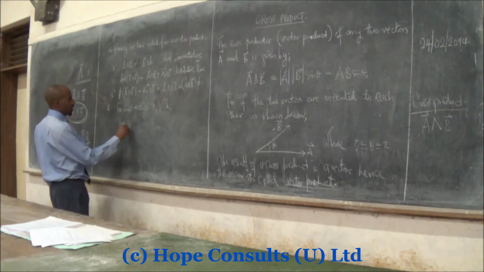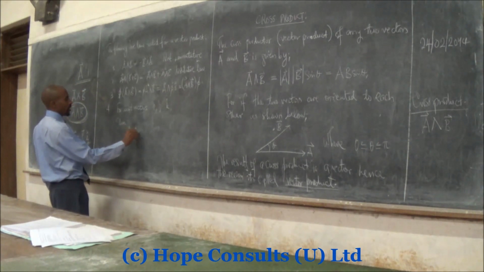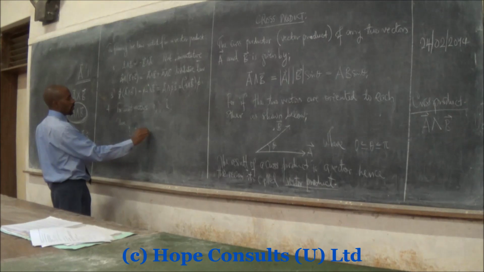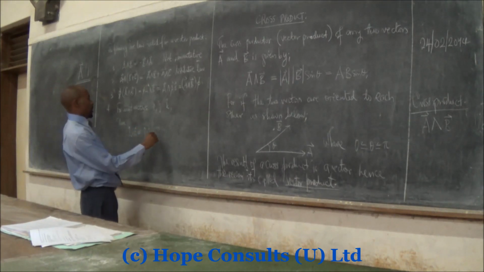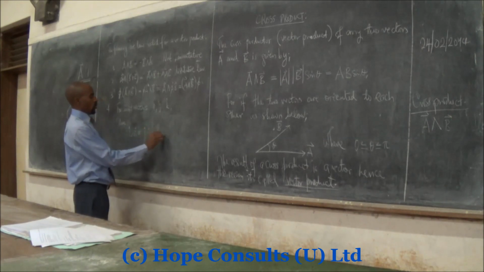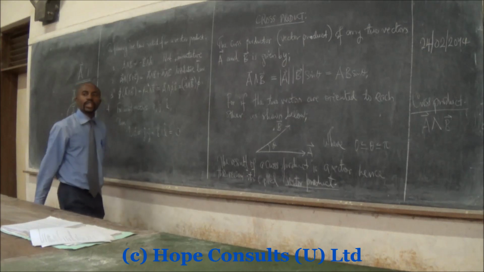So I cross I is equal to J cross J is equal to K cross K, which is equal to 0.